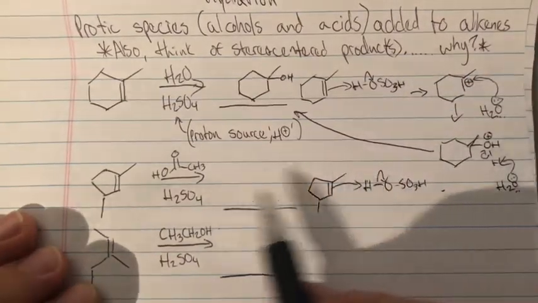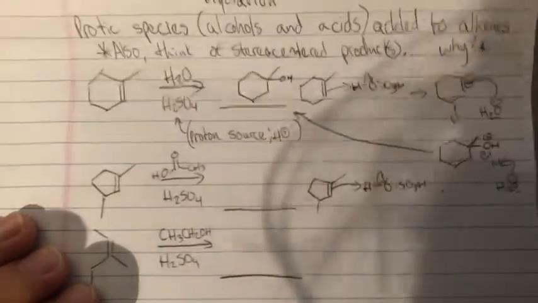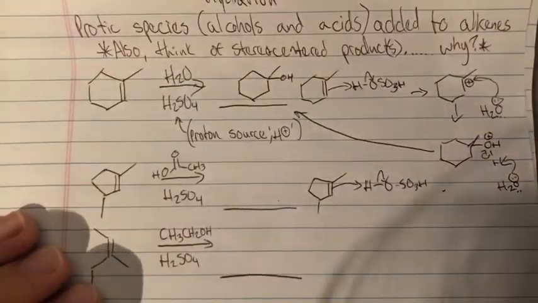Okay, so which one of these two is going to be the stronger acid? H2SO4. All you have to do is look at your pKa table. I should tell you.